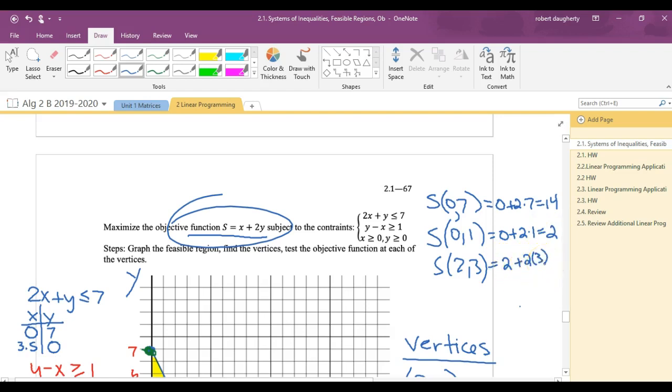That's 2 plus 6, which is 8. Where's the maximum value? Right here. So this function has a maximum of 14 at 0, 7.